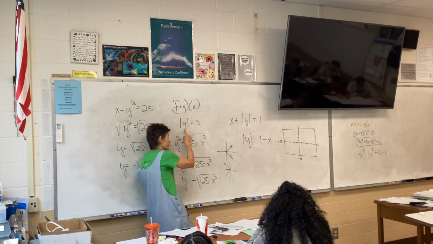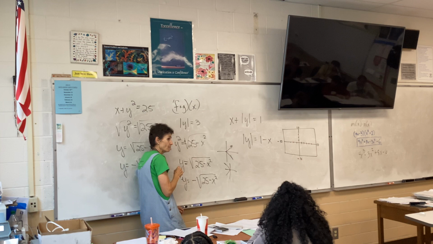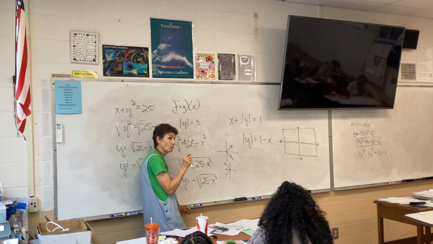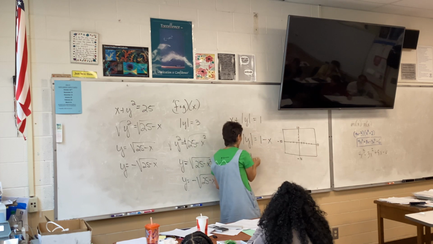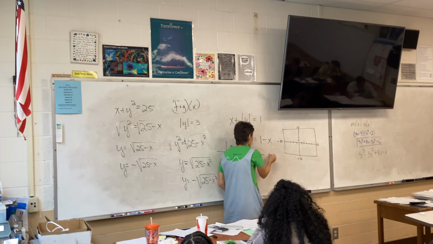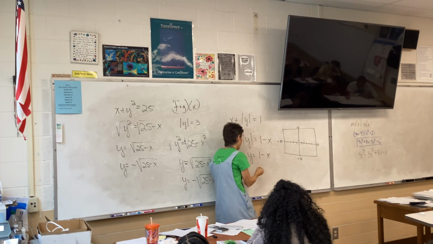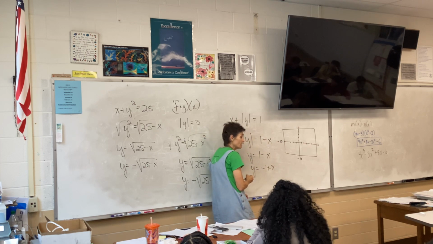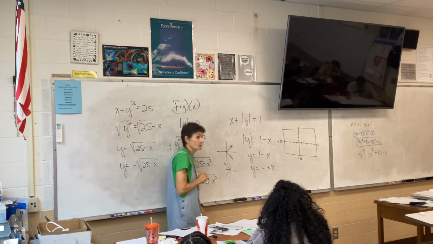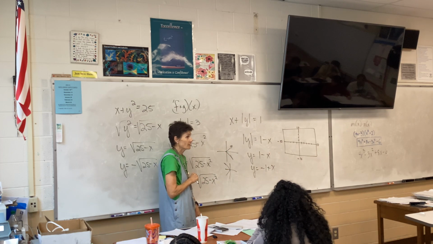What could this number be if its absolute value is 3? It could be positive or negative. So if I break this down, y can either be that, or y can be the opposite of that. There are your two equations. Those are your two implicit functions.